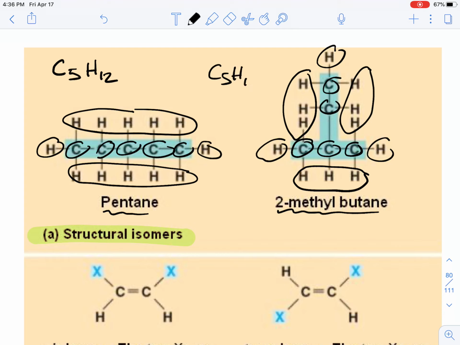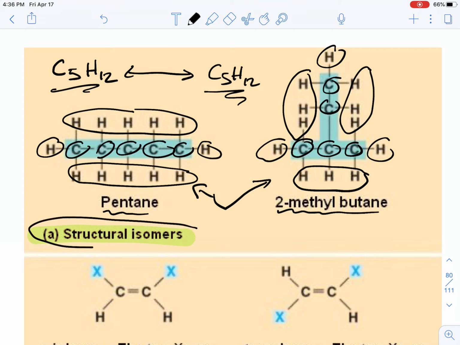It looks like there's 12 hydrogens. Now notice that the chemical formula for pentane and 2-methylbutane are exactly the same. And if the chemical formulas are exactly the same, then these two organic compounds are structural isomers with respect to each other. So this is describing their relationship.